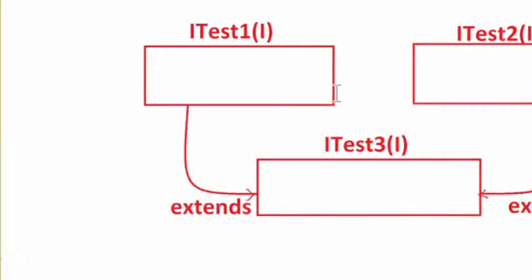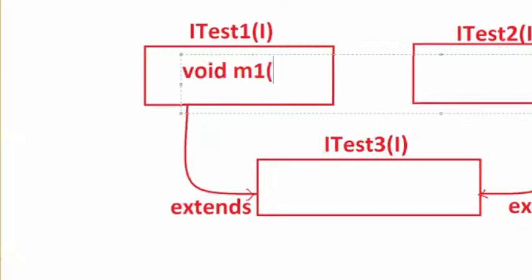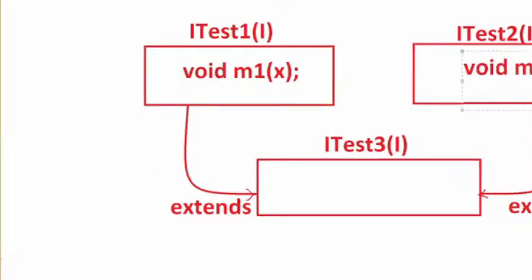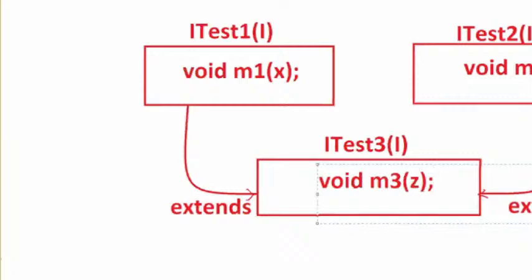Here M1, void M2, void M3. Can we create an object for an interface directly?